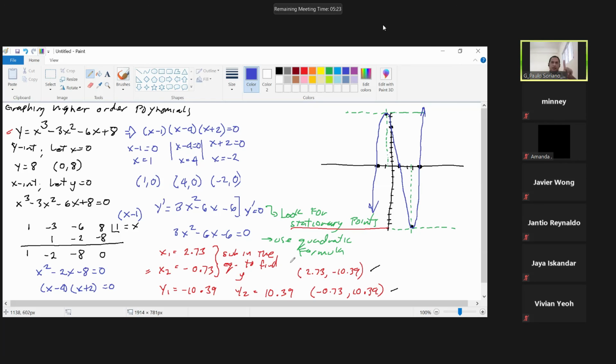One is a turning point. If you want to relate it to quadratics, then this can be your vertex, maxima, minima. Okay, teacher.